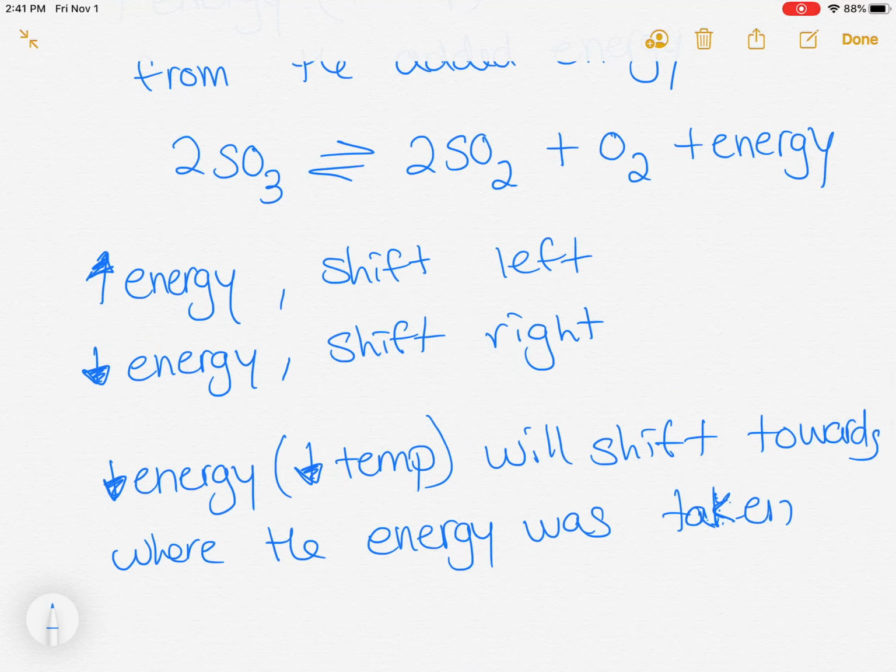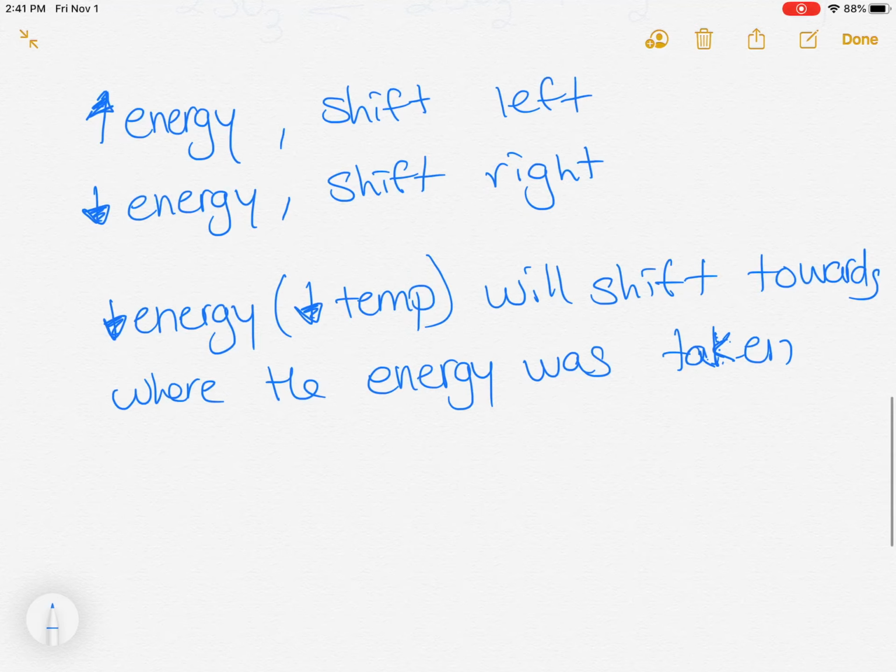Okay, so this rule works the same way as concentration. The only small difference is that sometimes energy is on the reactant side and sometimes energy is on the product side. And so we have to take that into consideration before we decide which direction we're going to shift in.